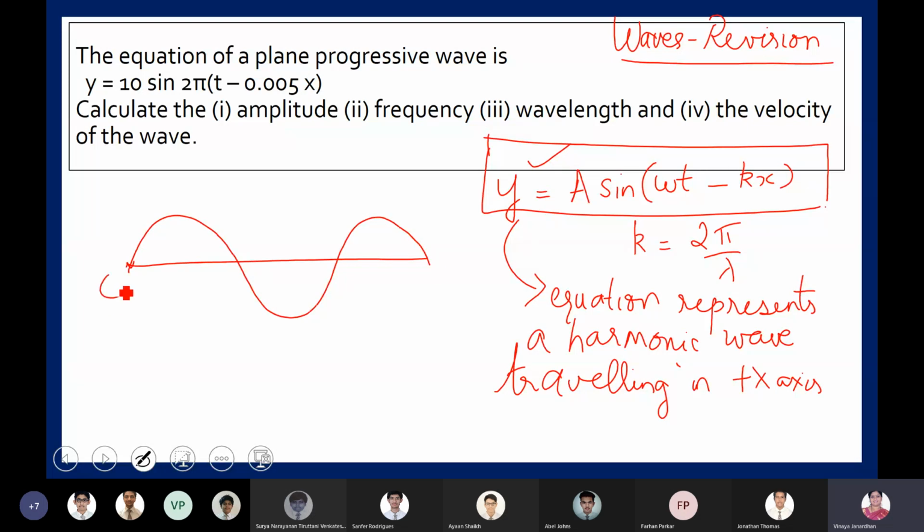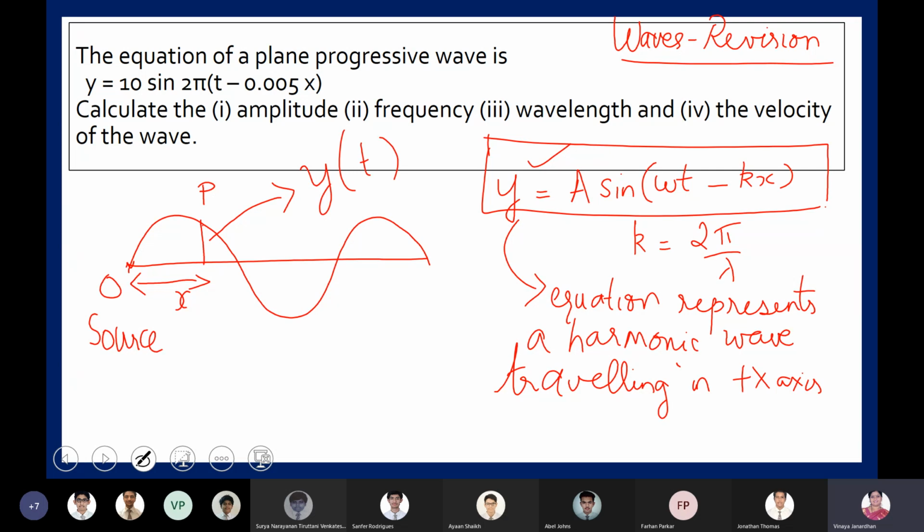Suppose O is the point where the source which creates the wave is situated. Let us take P, a particle of the medium. This particle is at a distance of x meters from the source, and it undergoes a displacement of y in a time of t seconds.